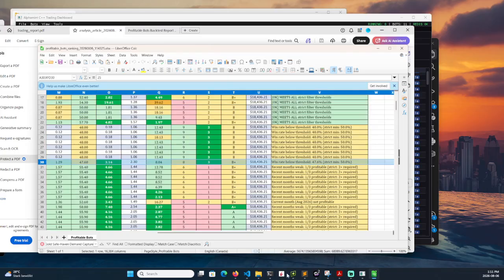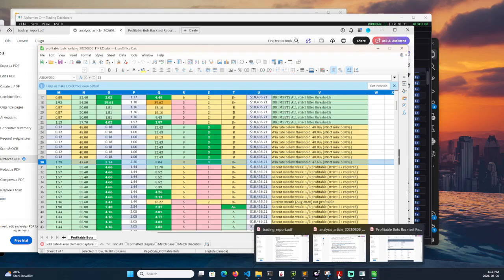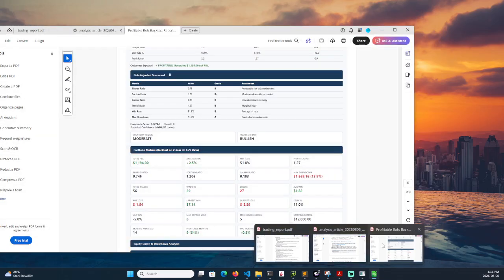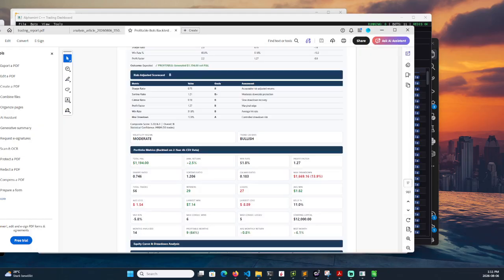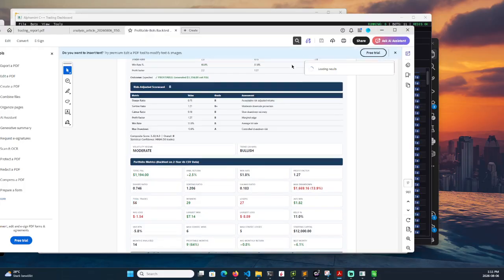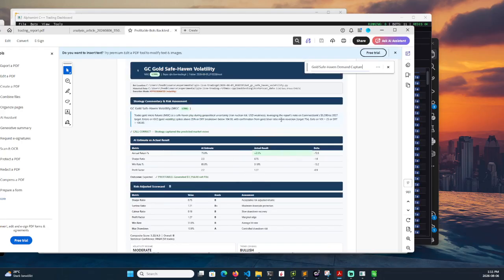But if I take that same thing and look at the analysis of, I think this one, yeah, this PDF here, do a search on that particular strategy. Let's see here if it found it.